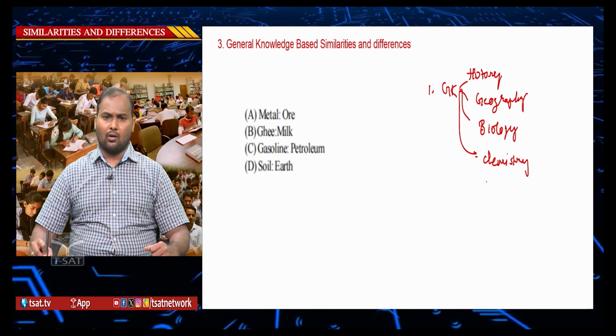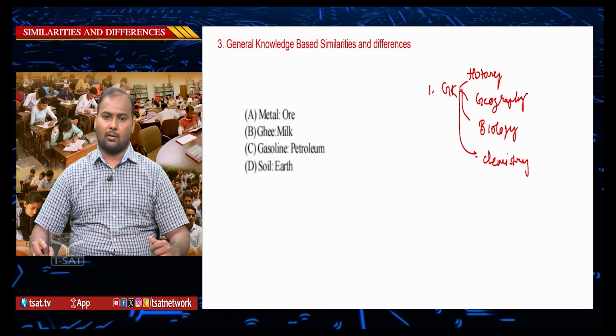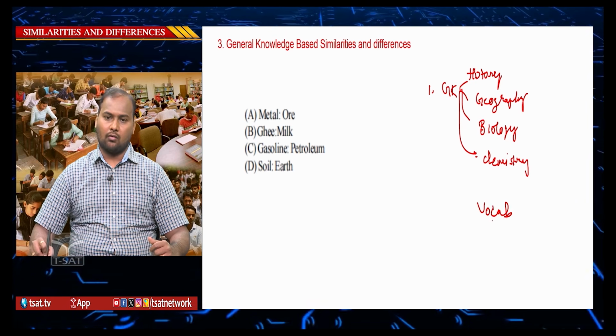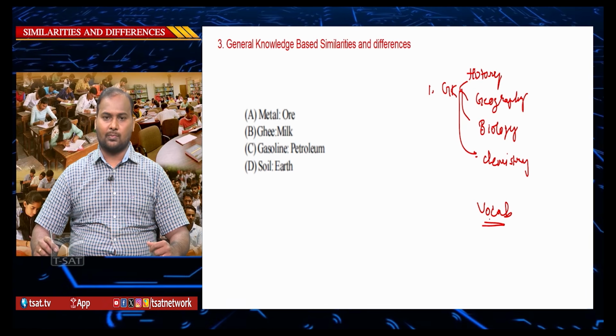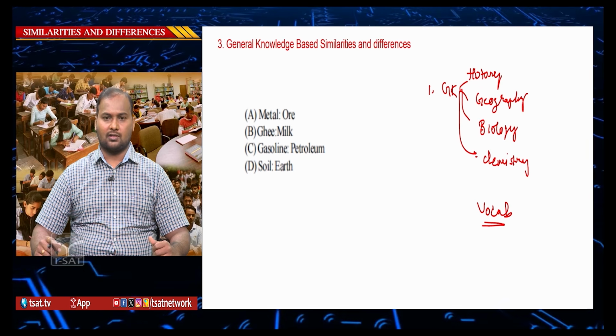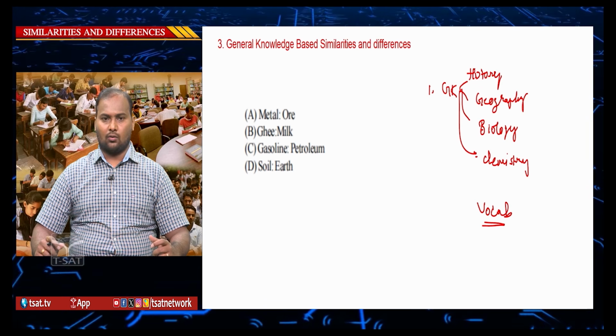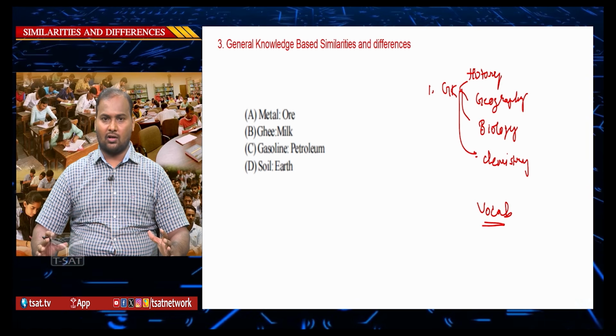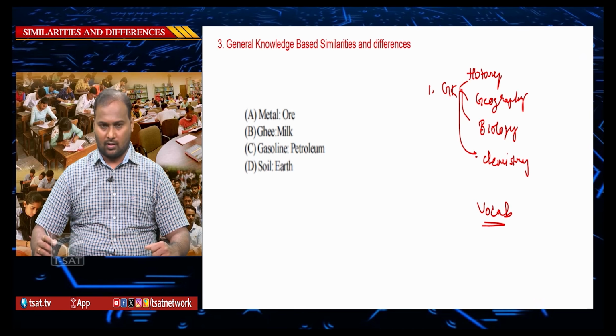In the same way, we can expect main questions from vocabulary also. From vocabulary, generally we expect questions like synonyms, antonyms and one word substitutions. So now let's try to apply this general knowledge logic to these questions to get the answer.